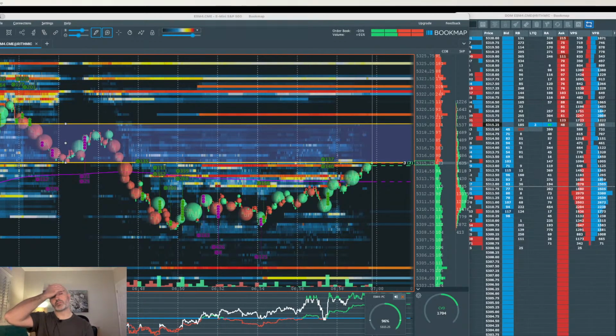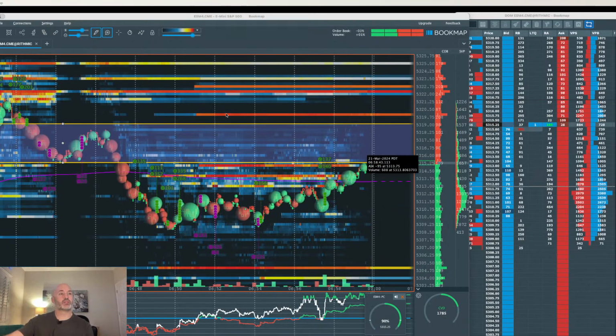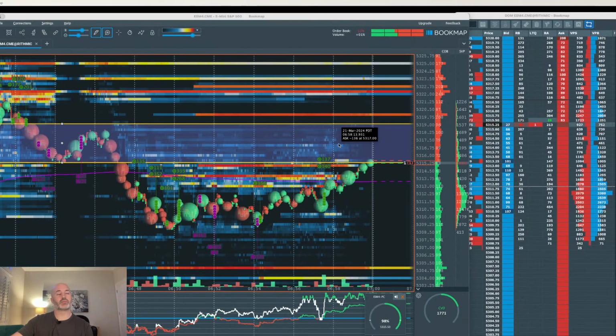I actually took a really small risk trade to the short here, but my stop loss is really wide because I actually really wanted it to come into this zone. So not the best entry.